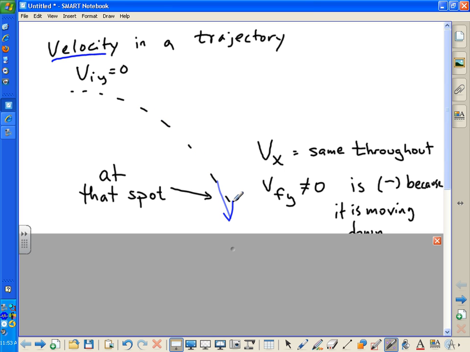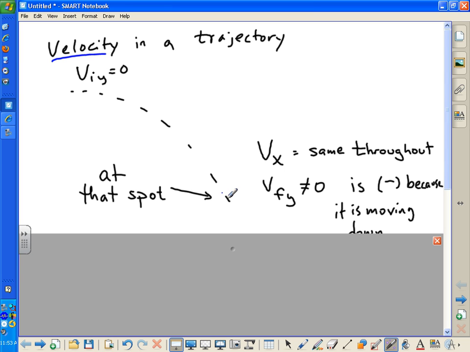Now, if we wanted to find the velocity at that spot, we need to know both Vx and the speed up and down at that moment. Now, Vx is not hard to find. In fact, didn't you just find it in the ball in the cup problem? And because Vx doesn't change, once you found it, you know it for the rest of the problem.